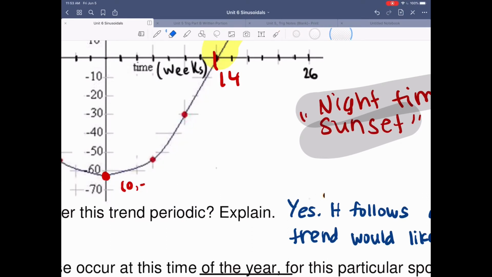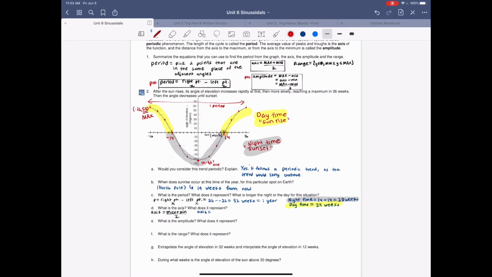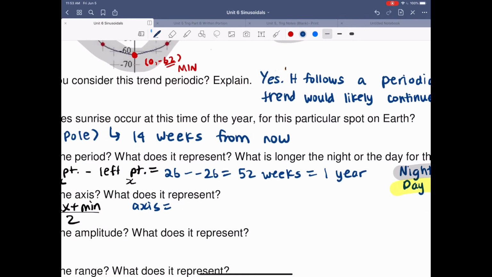I'm just going to fix that up so that it says negative 62, because it's slightly below the negative 60. And so I'm going to get 58 minus 62 divided by 2. In the numerator, I have a negative 4. So negative 4 divided by 2 is negative 2.